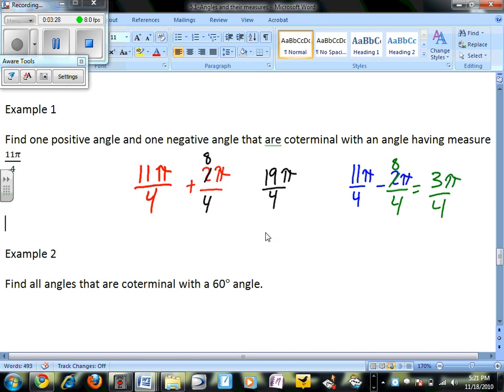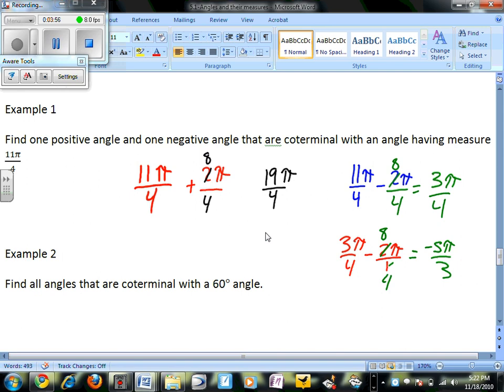However, we can go another 2 pi around. So let's take 3 pi over 4 and subtract 2 pi again. Get our common denominator of 4, and this becomes an 8. And subtract. So negative 5 pi over 4 would be a coterminal angle with 11 pi over 4.